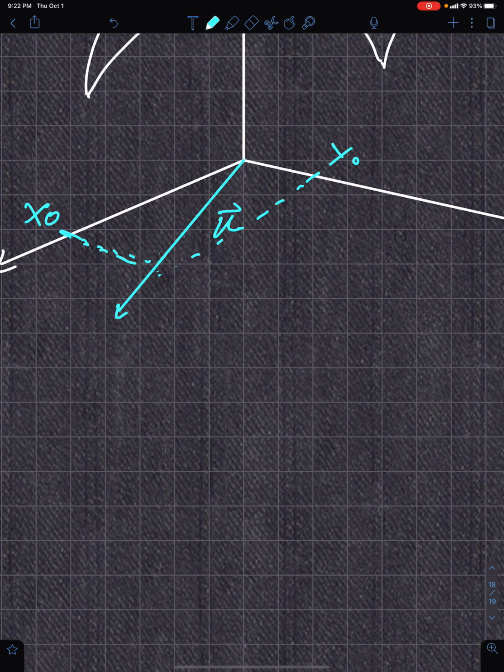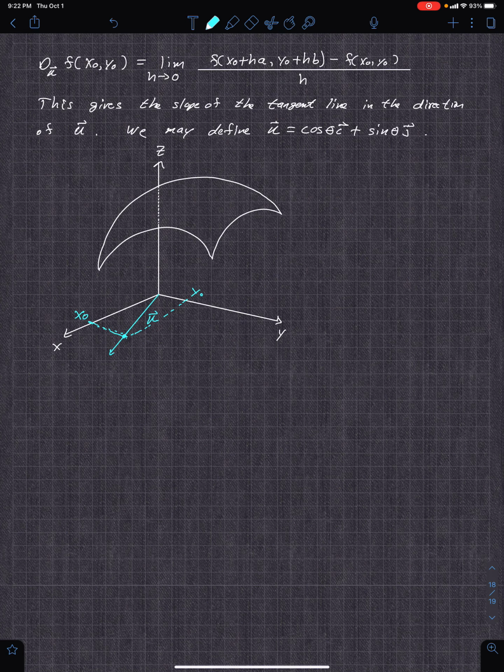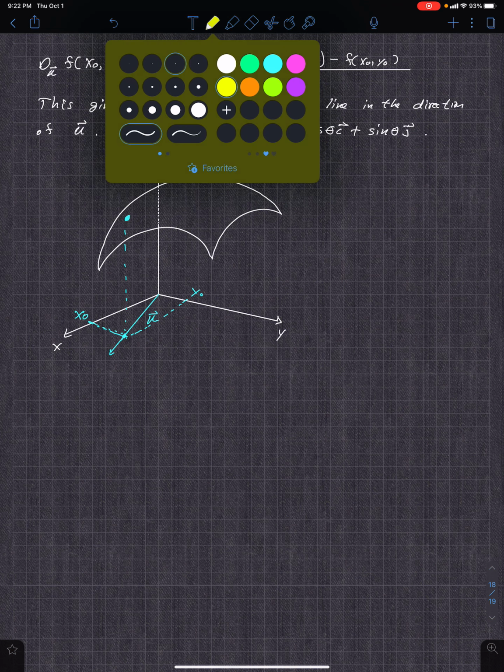Okay, then these dotted lines go here and back to your prime. So your u is your AB, but the point is up on the surface. Okay, so just to be clear on that. So the point is up on the surface, up here. And then you get the slope of the tangent line in that direction.